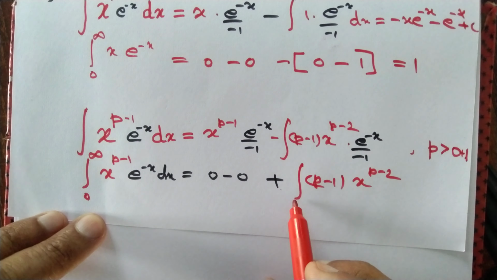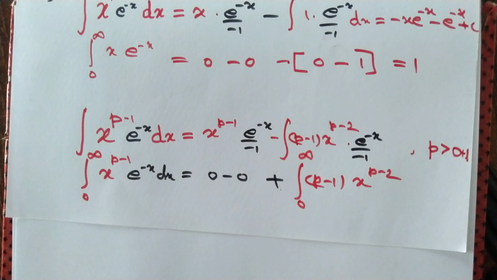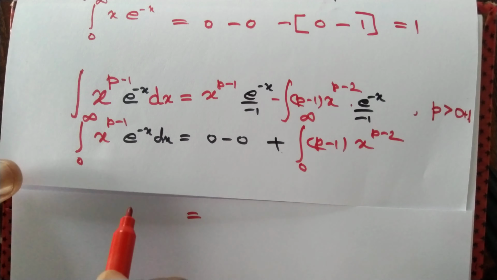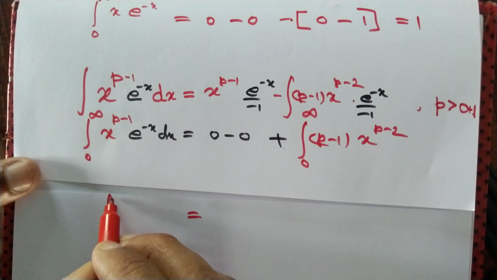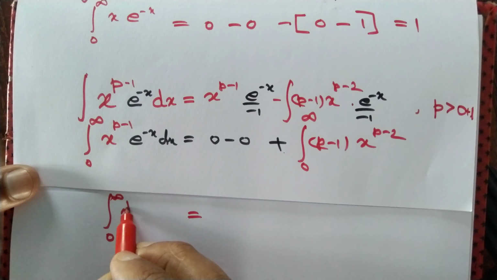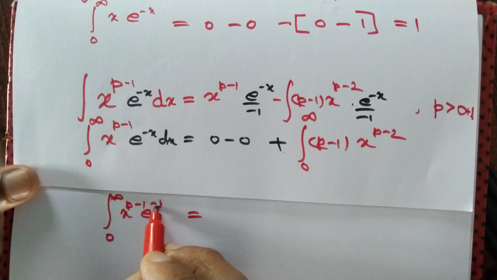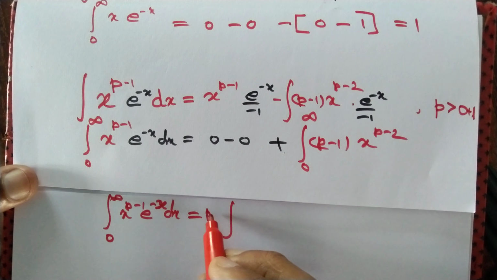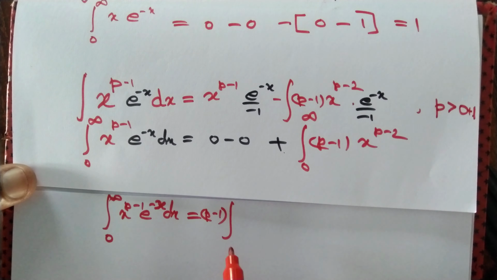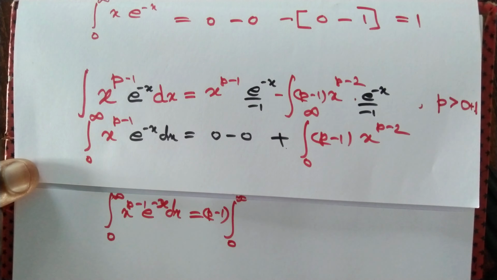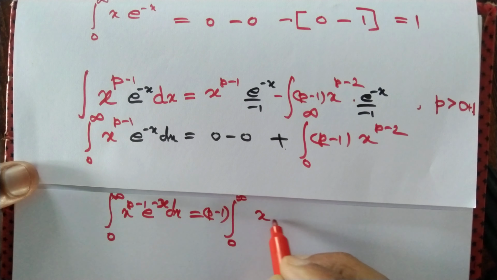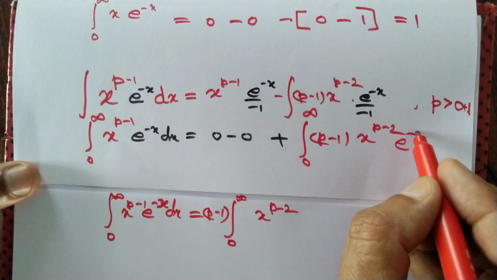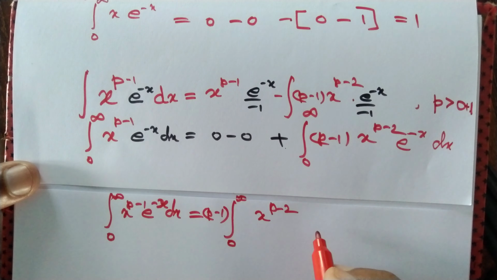Our limit is changing from 0 to infinity. So we can write the integral from 0 to infinity of x to the power p minus 1 e to the power minus x dx equals, we can take p minus 1 out, that's just a constant, times the integral from 0 to infinity of x to the power p minus 2 times e to the power minus x dx.